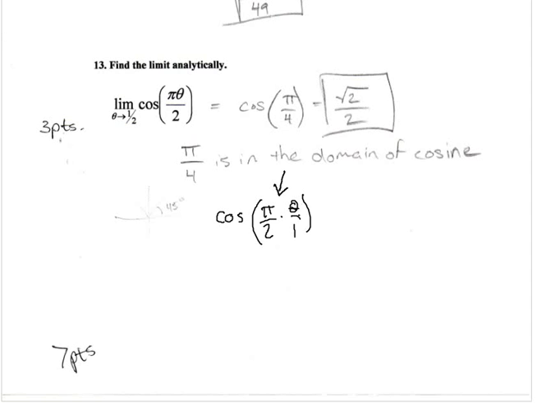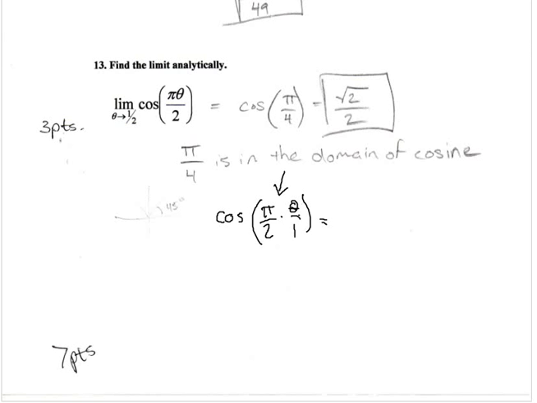So when we say the limit as theta goes to 1/2, we'll substitute theta equal to 1/2 directly and see whether or not it is in the domain of the function itself. And if it is within the domain of this trig function, then we know that all trig functions are continuous in their domain, and we can use direct substitution, and it'll just be equal to whatever the value is.